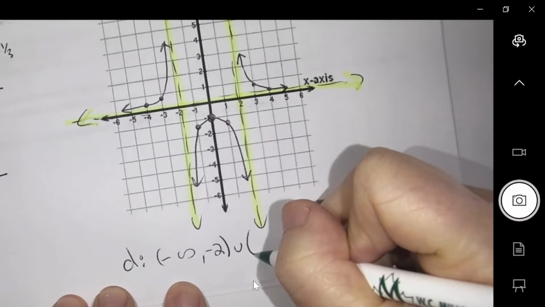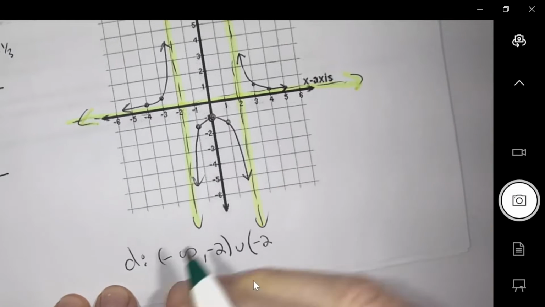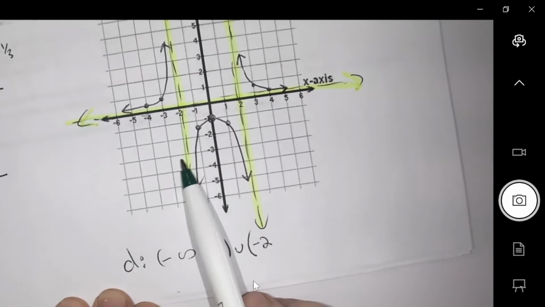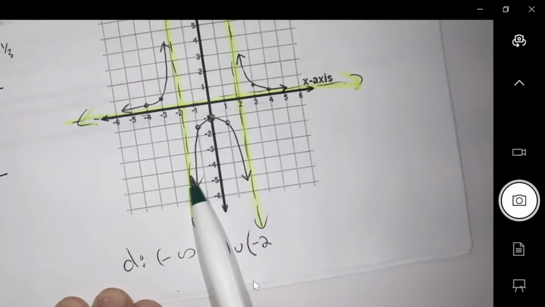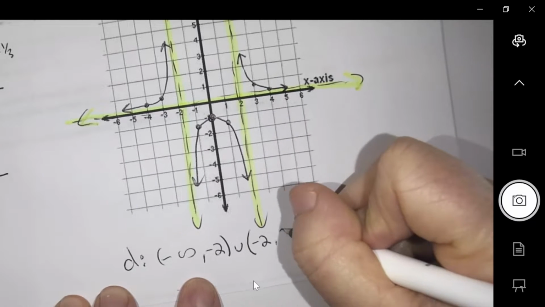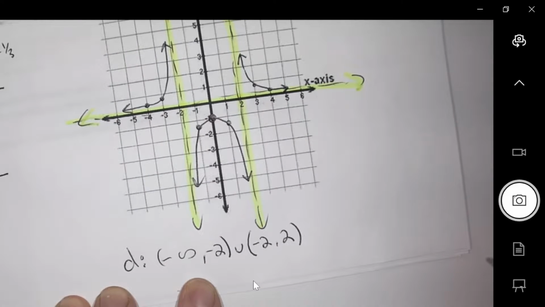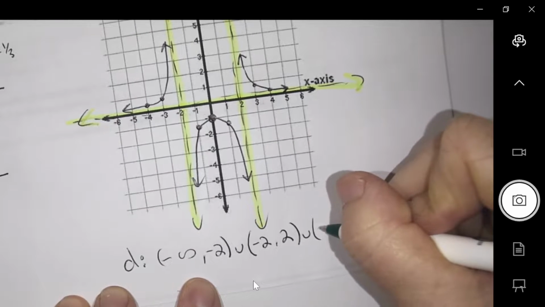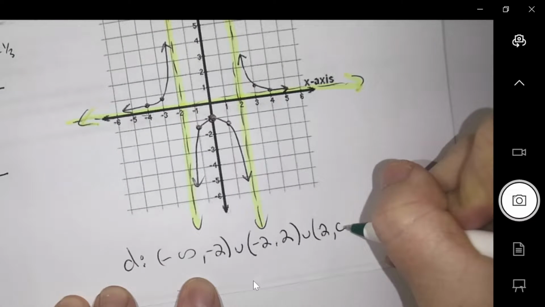Then I continue just again after -2. So I jumped the line. I'm continuing. Then I get to +2, and I have to jump again. And then from 2, I can keep going.